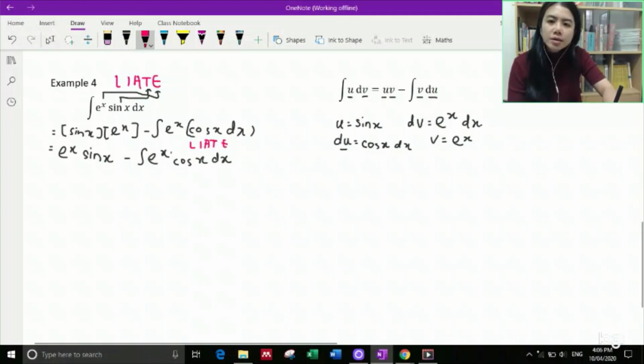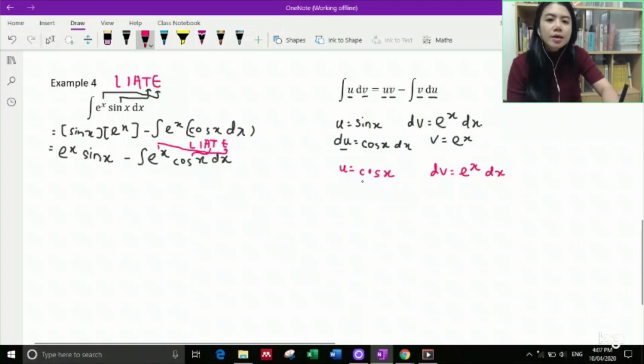Here we have cos, which comes earlier in the LIATE, so we have u that is cos x, and we have the exponent at the back. The exponent, you go for the dv. So again, don't forget to write the dx together.